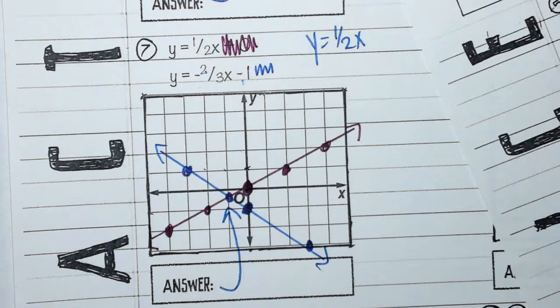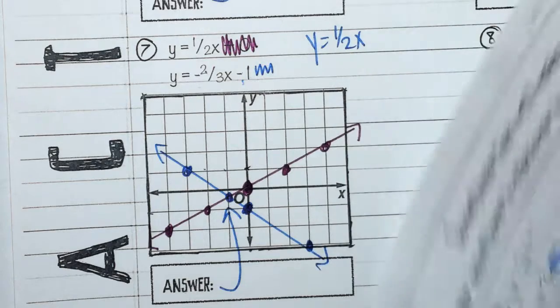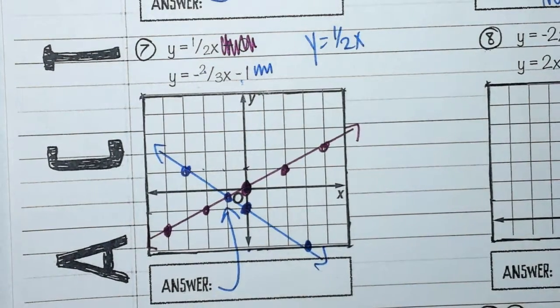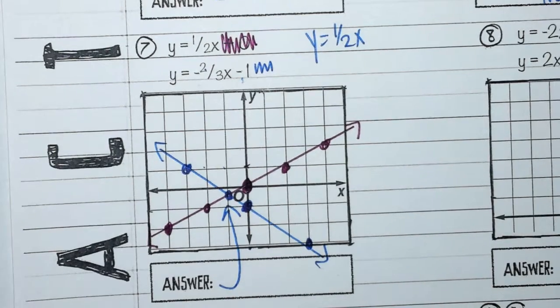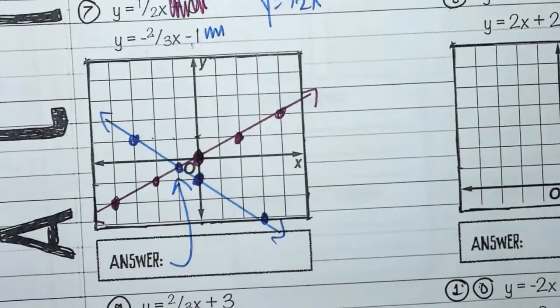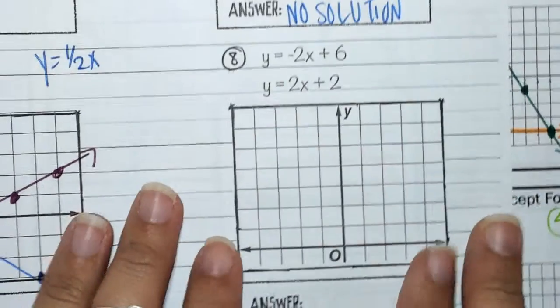If it's the same line, we just write infinite solutions. Is this homework? You have another sheet of homework. Can I go ahead and get it? In just a minute, yeah. You're fine. Okay, thank you. Mackenzie, you ready, baby? Yes, ma'am. Okay.